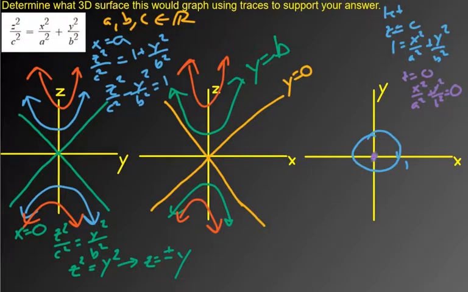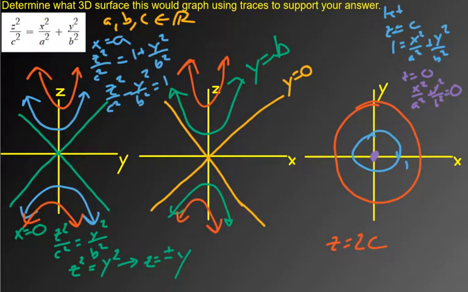So if you do the z equals 0 case, you're actually going to get the origin plotted. And if you do bigger z's, like z equals 2c, you're just going to get a bigger circle centered at the origin. It'll always be centered at the origin because there's no shift for x and y here.